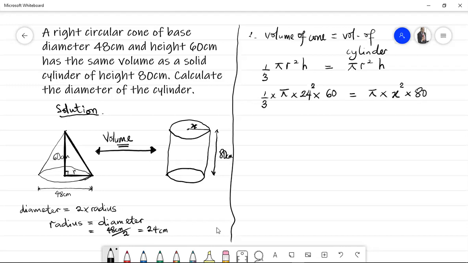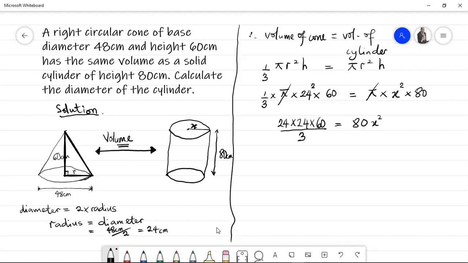Of course, from both sides of the equation, I have pi here and pi here, so the two pi's can easily cancel out. That leaves me with 24 squared, which is 24 times 24, multiplied by 60, and don't forget to divide this by 3, and that is equal to 80x squared.